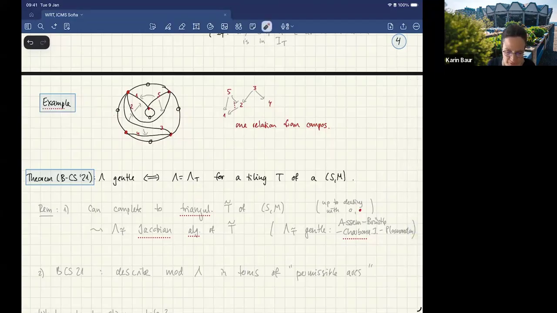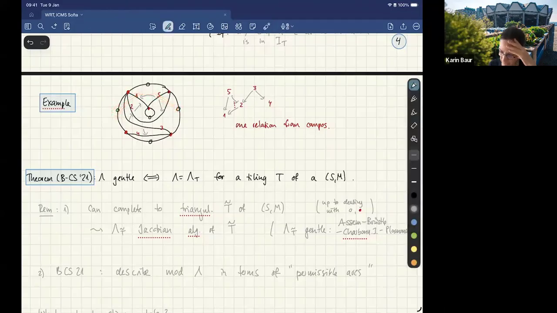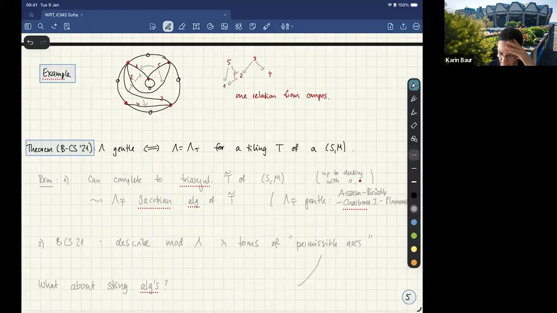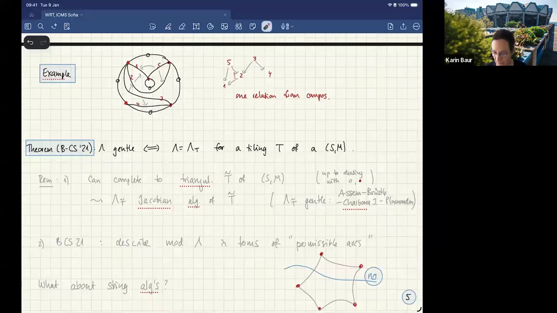So we take arcs which connect the empty circles, and they have to cross your original tiling in an allowed way. That's why permissible, meaning that, let me do a bigger tile. So if I have some tile like that, say all interior, I'm not allowed to cross non-adjacent edges of a tile.